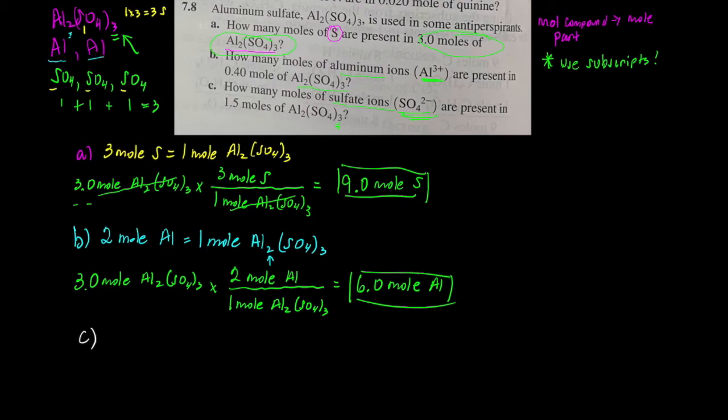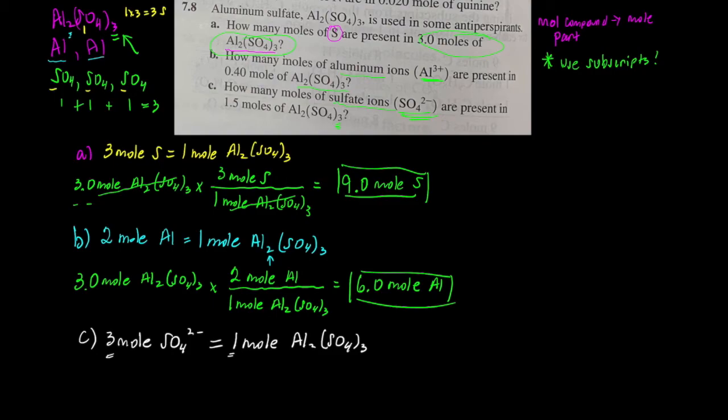We say that there's 3 moles of sulfate, and it's easiest just to write SO₄²⁻, and that's equivalent to 1 mole of Al2(SO4)3. Okay, so this 3 and this 1, we're creating this not from any numbers in the word problem yet.